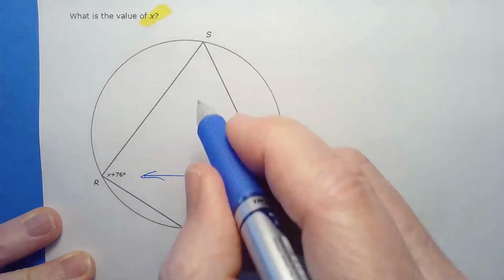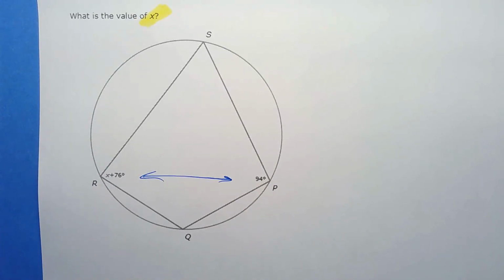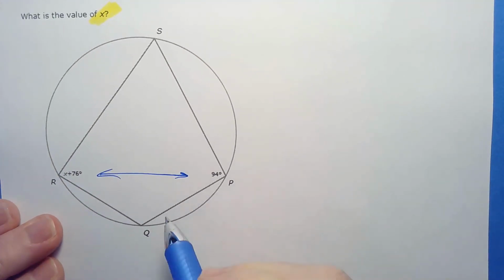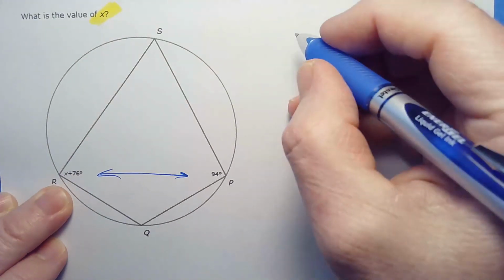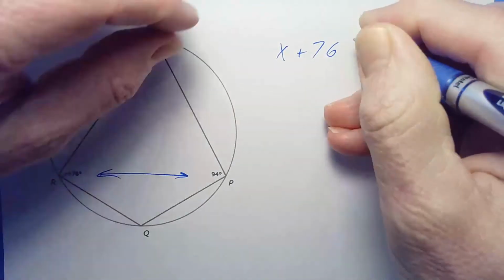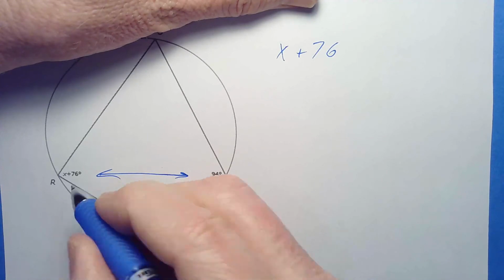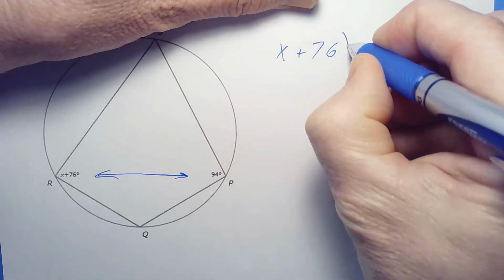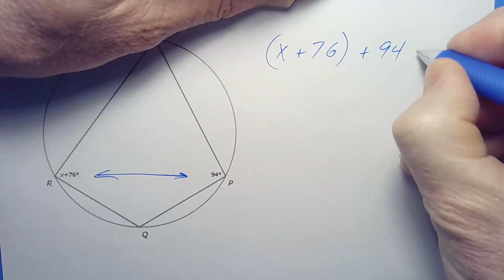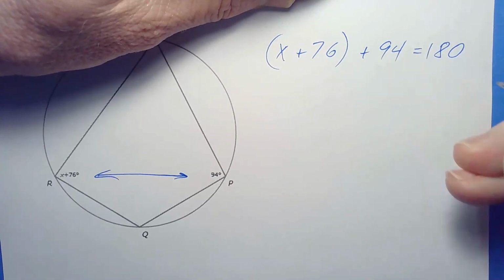Sometimes you're going to have some extra numbers. Just ignore those. Only think about the ones that are opposite. So I can write that out as a nice equation. I end up with x plus 76, that's this first one, plus 94 is going to equal 180.